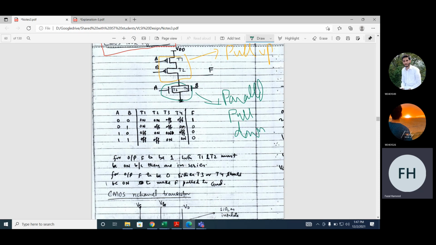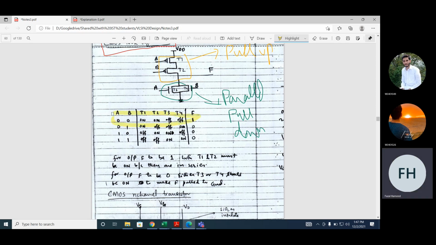The worst case scenario is when both T1 and T2 are on. T1 and T2 will be on when A is 0 and B is 0, so both of them will be on, connected with VDD. In this case T3 and T4 will be off. The output will be connected with VDD. So this is the first scenario.